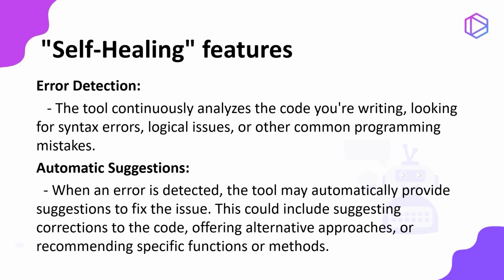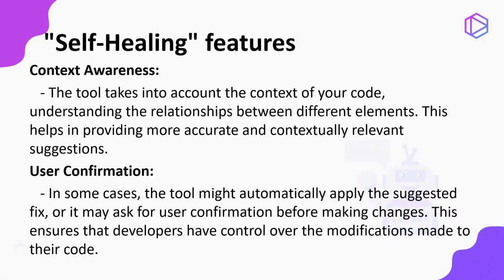This could include suggesting corrections to the code, offering alternative approaches, or recommending specific functions or methods to improve your code. And if you are facing any error or bug, it will suggest a fix, and you take the decision whether to apply the code suggested by Tabnine AI.